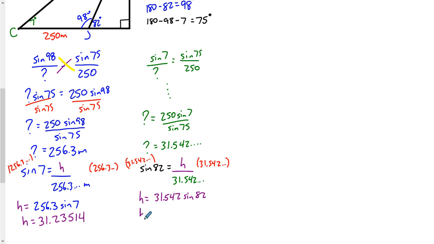Obviously, that's a rounded value. And I get the exact same value. I still get 31.23514 meters.